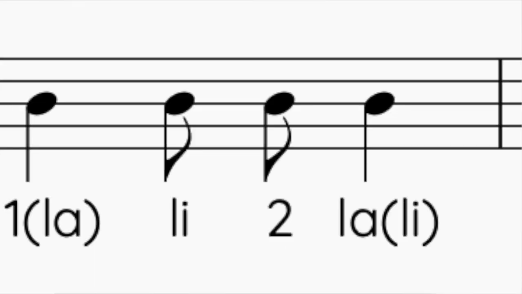So altogether, it's going to sound like this. 1 li, 2 la. So remember that with 6/8, only 6 eighth notes can fit in the measure, which means at most you're only going to be able to fit 2 of these words in any measure. If you have more than 2 words, that changes the time signature to be something like 9/8 or 12/8.